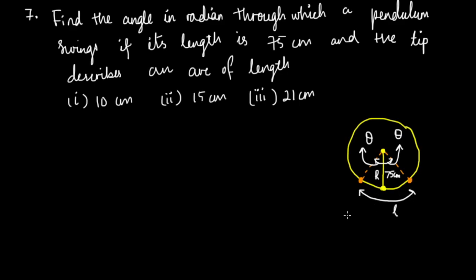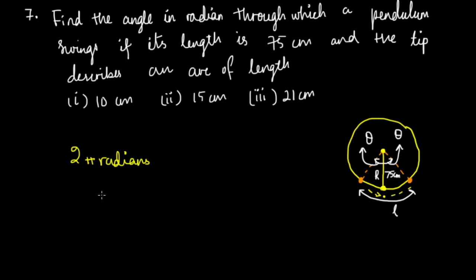Now let's try to find the relation between the angle, the arc length, and the radius. At the center of the circle the full angle is 2 pi radians, that we know. If the pendulum were to start from this position and go all around and come back to this position, then it would be 2 pi radians.